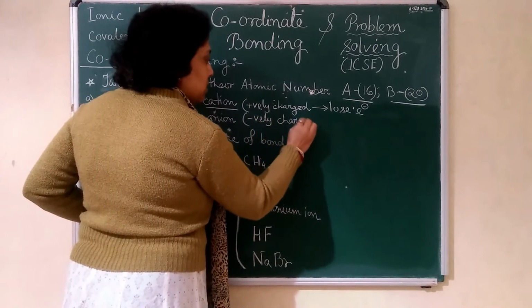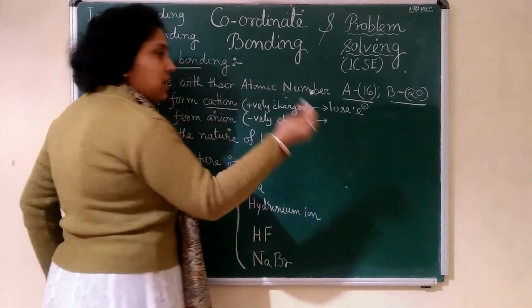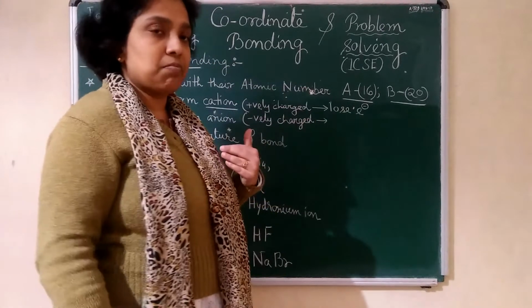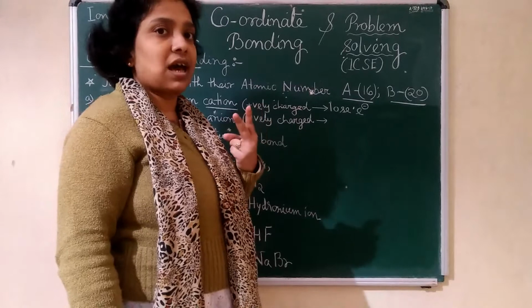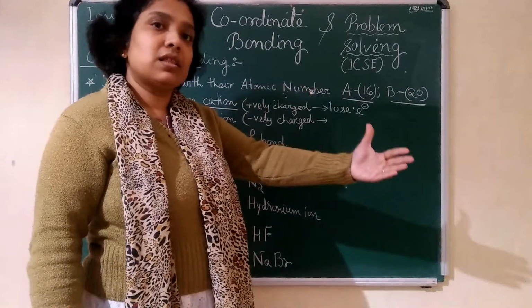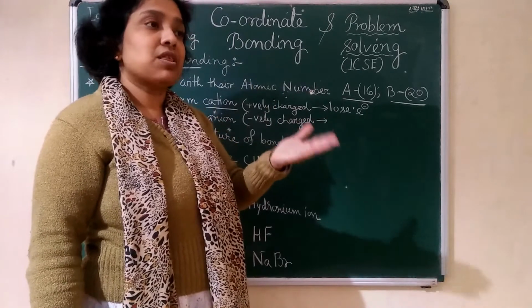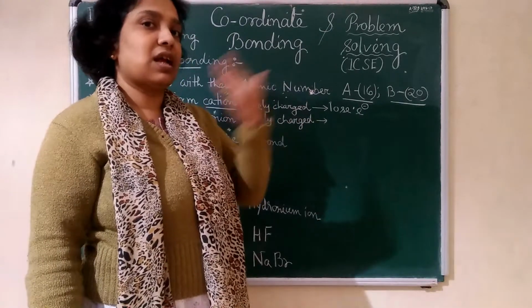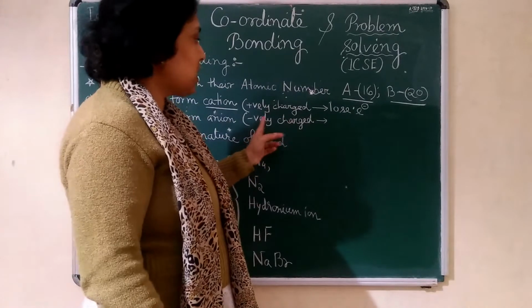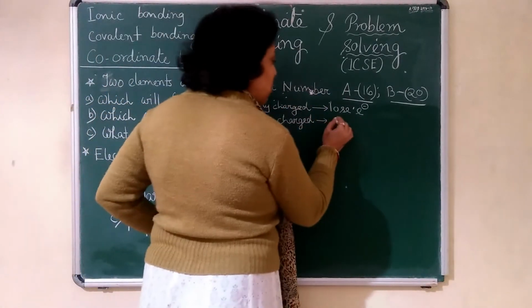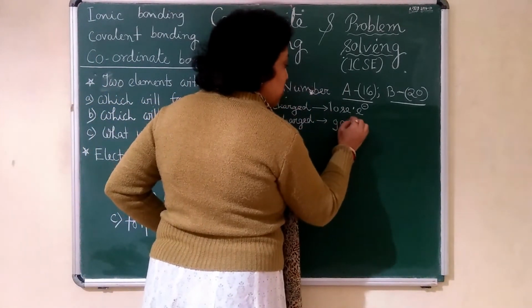Negatively charged means they accept electrons. Those who donate will be positive, and those who always take from others will be negative. So negatively charged when they gain electrons, like that you will remember.